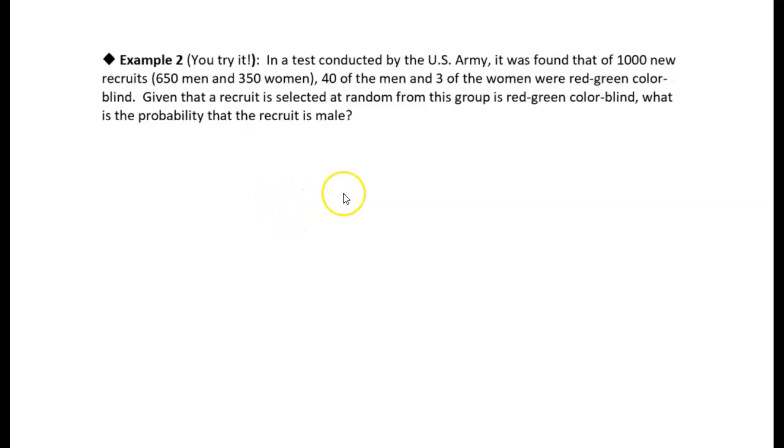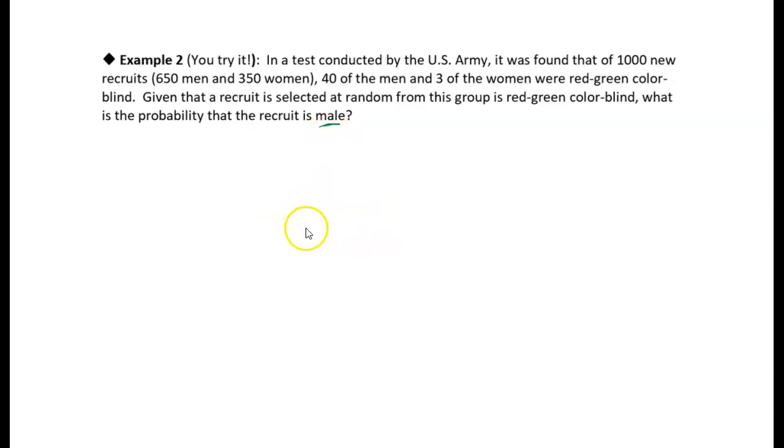Okay, well, again, I'm going to use a Venn diagram to represent this situation. I've got two events, right? I'm going to separate this into two events. Either they're red-green colorblind or not, or they're male or not, right? Because I'm interested in the male because that's what the probability is asking for. So I'm going to choose male and not female.